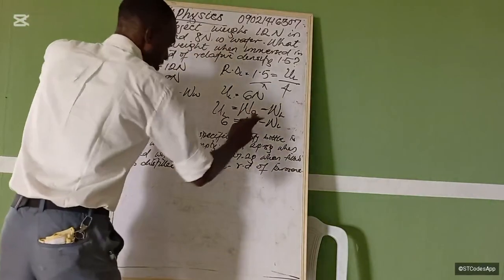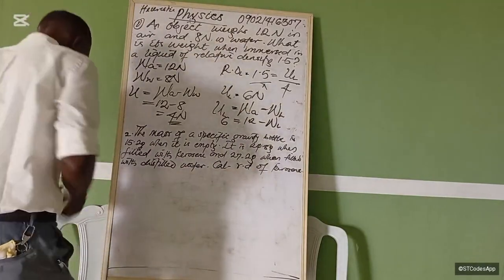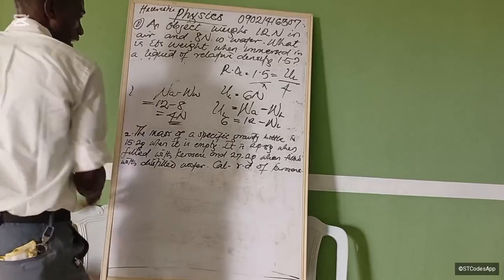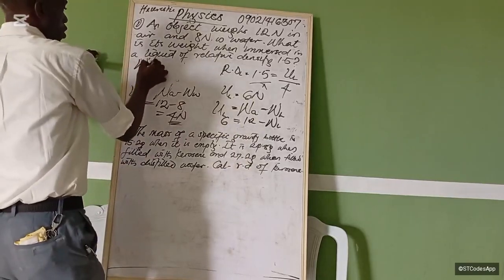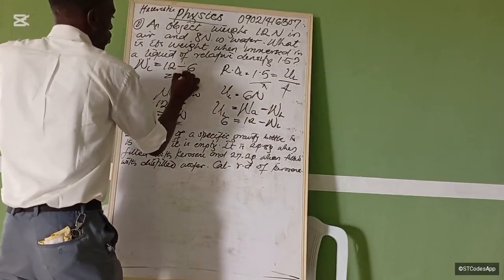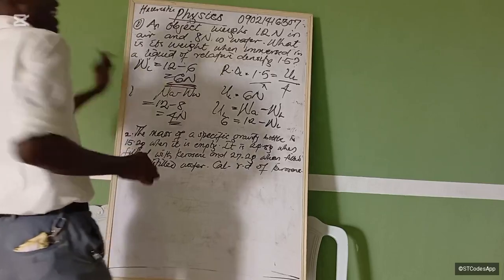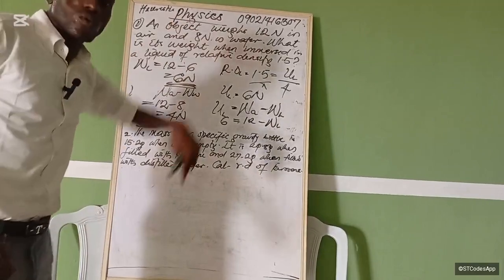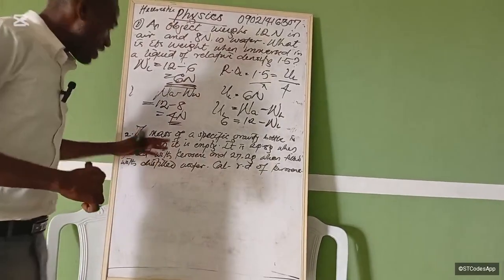Let me clean this part. This W sub L comes there, this guy goes there. So this W sub L is 12 minus 6, which is equal to 6 Newton. And that is the answer. That is the weight of the body in the liquid. Does that make sense? Let's go to number 2.